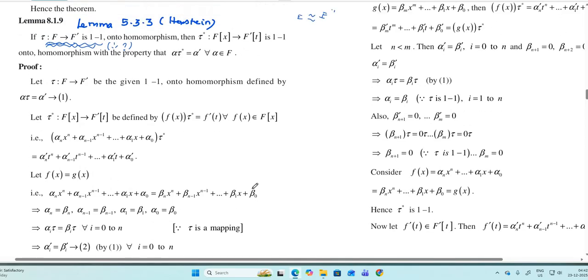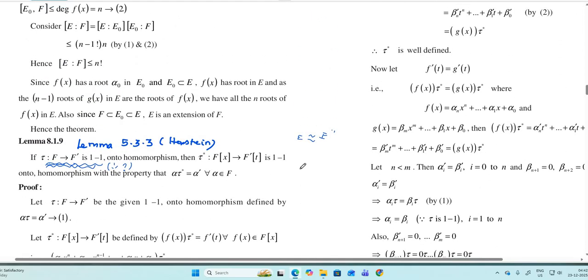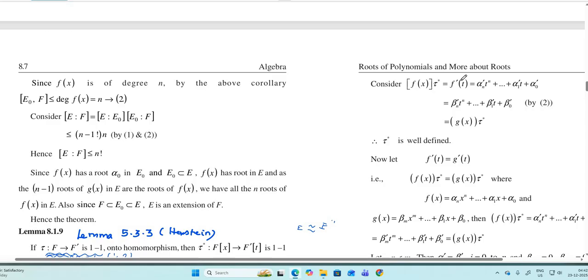So when you consider your f dash of t, that is the image of f of x under tau star, that becomes this, but you have already proved that alpha n prime is equal to beta n prime, and this is nothing but g dash of t, which is the image of g of x under tau star. So tau star is well defined.